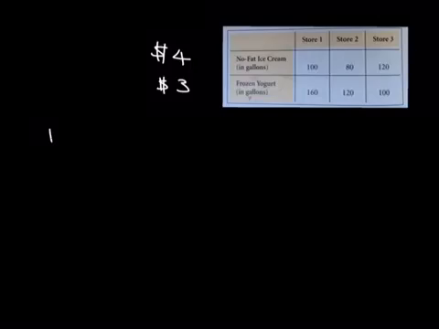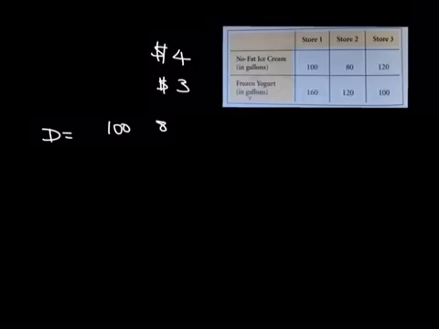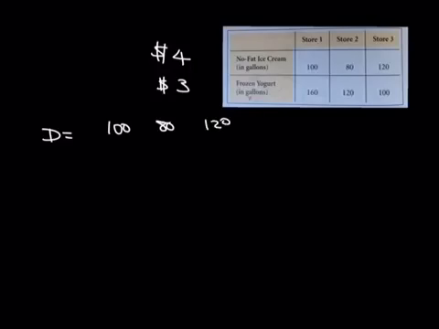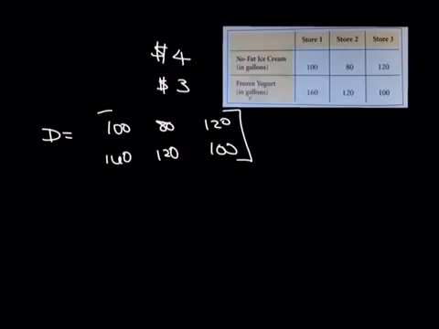All right, so here we go. First of all, let's write the matrix. So this is Dalton's Dairy produces 100, 80, 120, 160, 120, and 100. Okay, so there's our matrix. Our profit matrix looks like this: $4 off the ice cream and $3 off the yogurt.